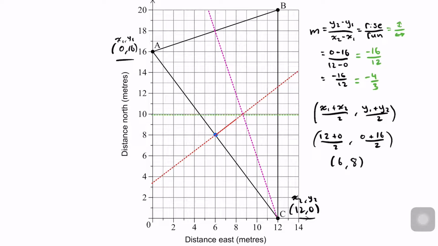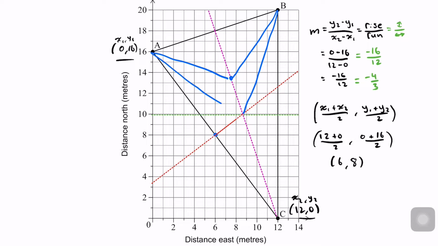So hopefully that's decently clear. I don't mean to go over this in too much detail, but any point on the line right here is going to be an equal distance from A and B, all the way up to this point as well.